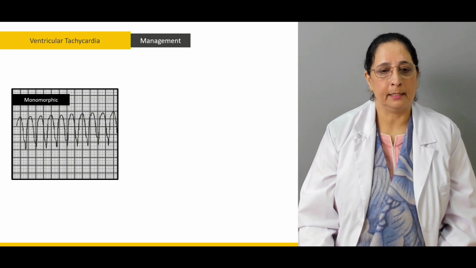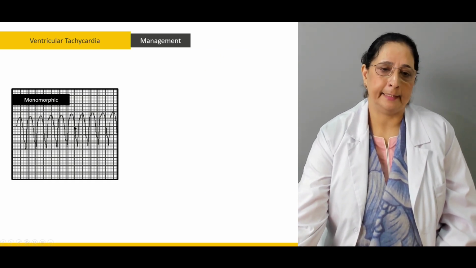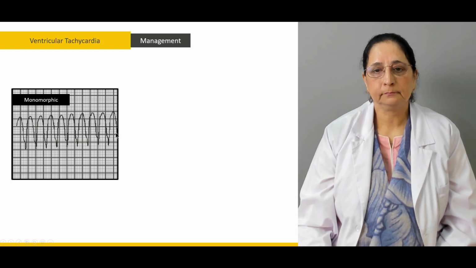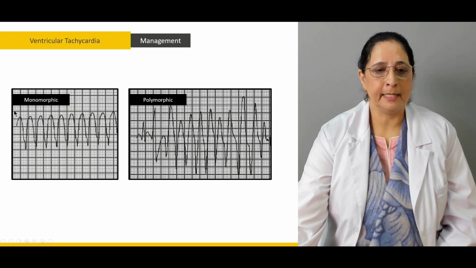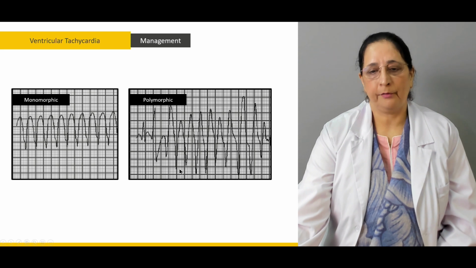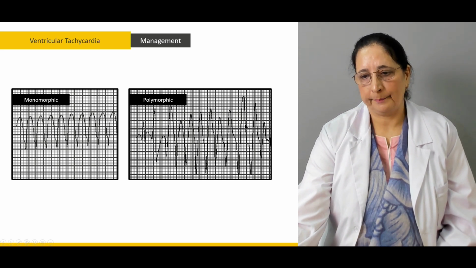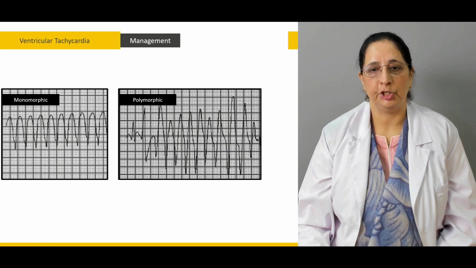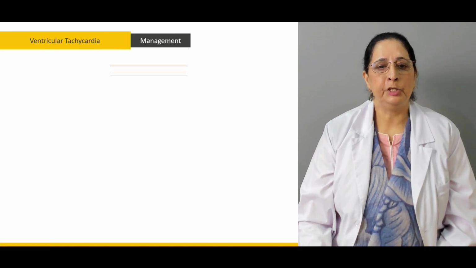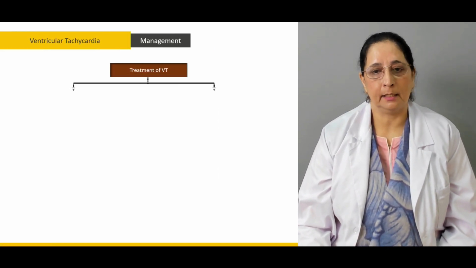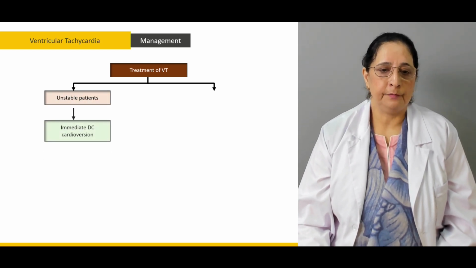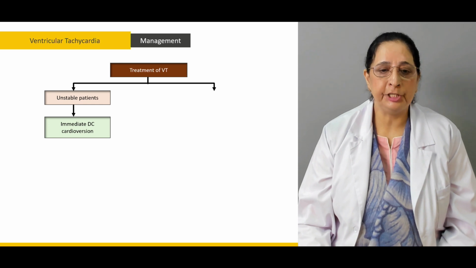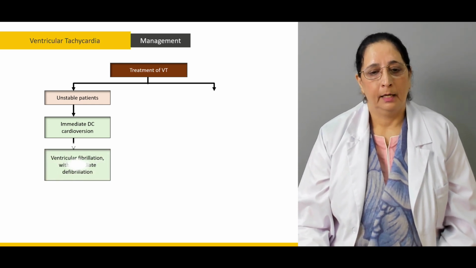Ventricular tachycardia, you can see ventricular tachycardia. We have monomorphic, with the same pattern, and polymorphic, where different patterns show up on the EKG. Management of ventricular tachycardia: in an unstable patient, we should go for immediate cardioversion.